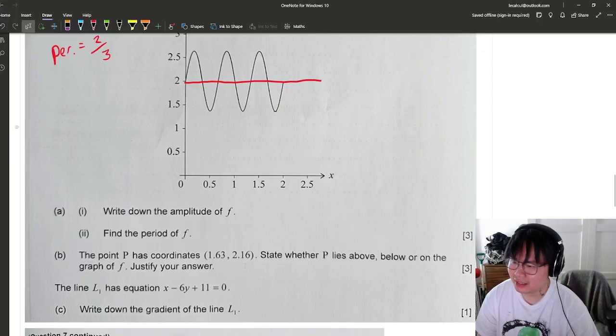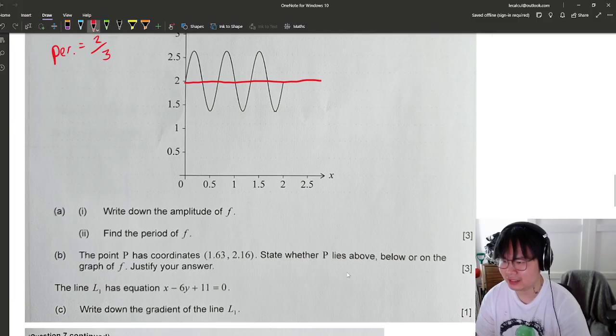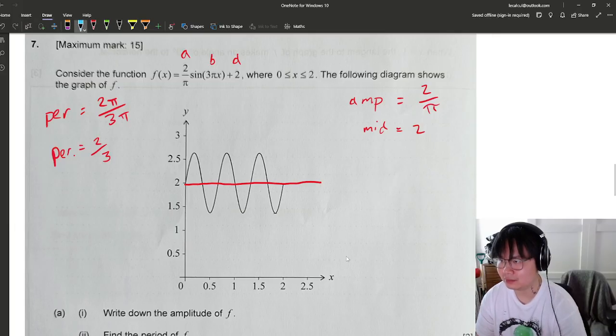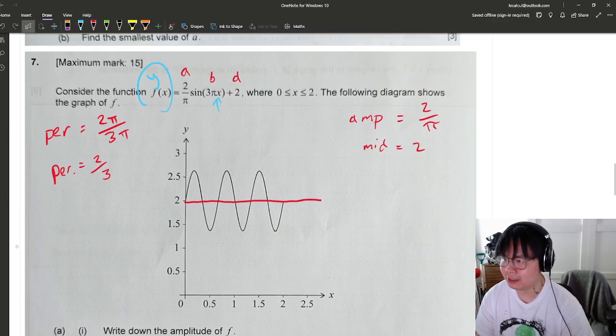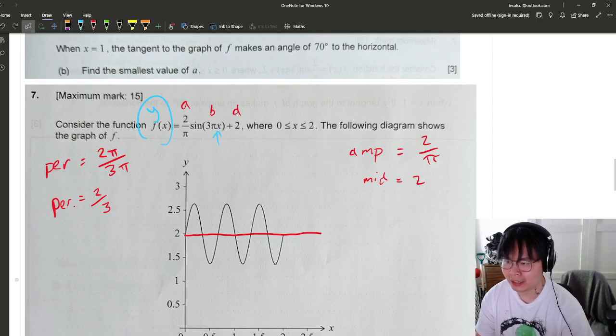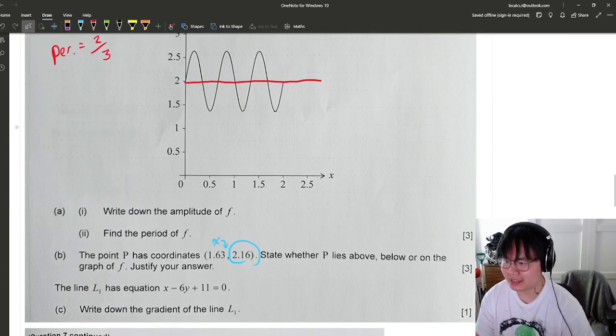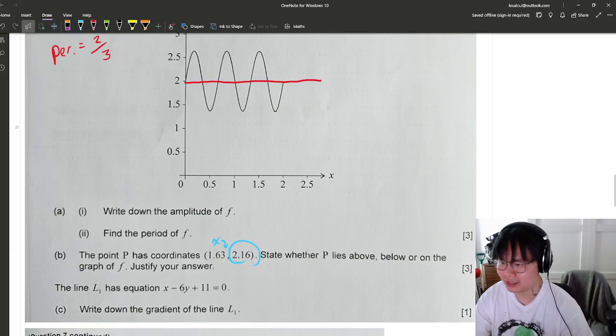You can just plug in x here, and you're going to get a y. Then you compare the y with this one, because the y you get from here is where the graph is at this x value, and then you can see if it's above or below.